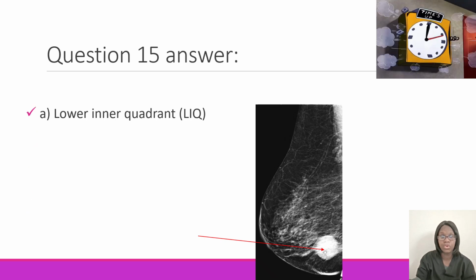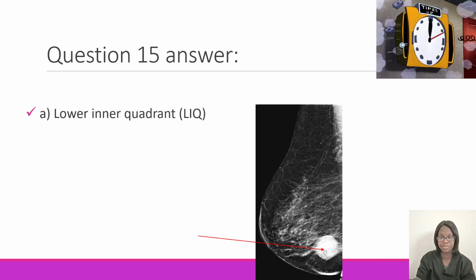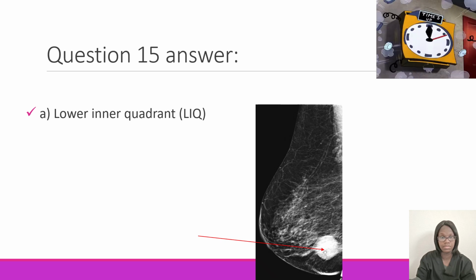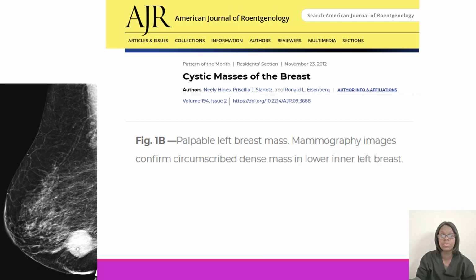It would be the lower inner quadrant. Once again, all of these cases are coming from the journal that I told you about, and it's saying that this is a circumscribed dense mass in the lower inner left breast.